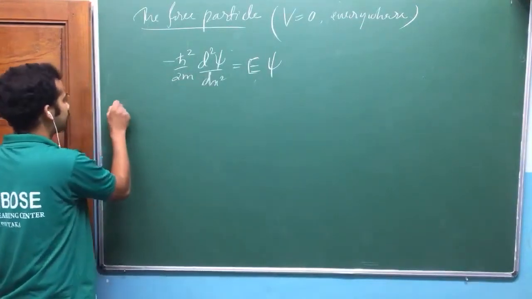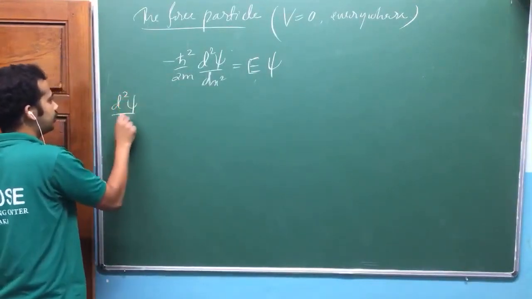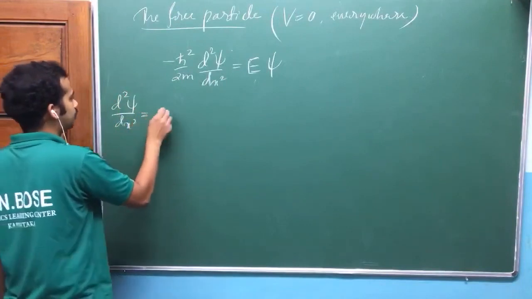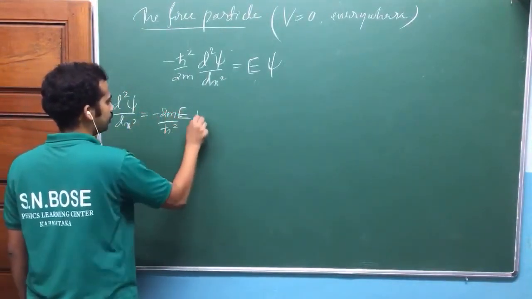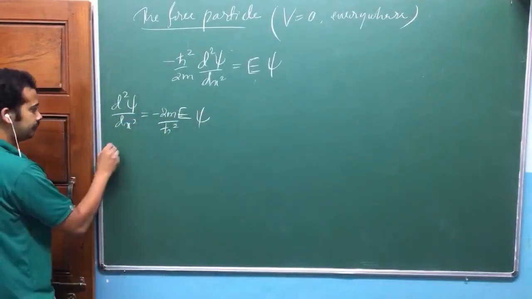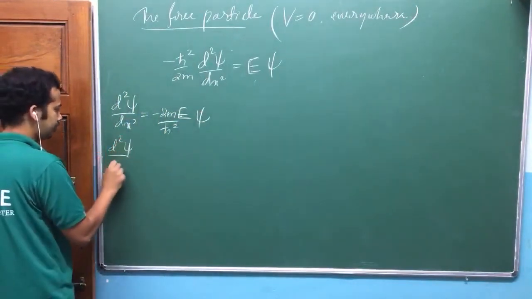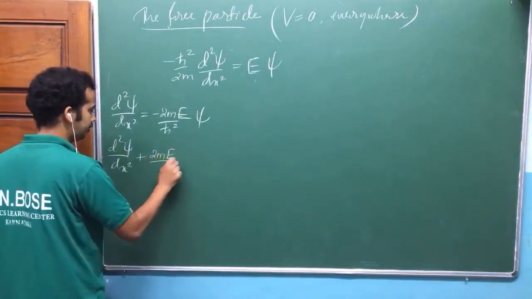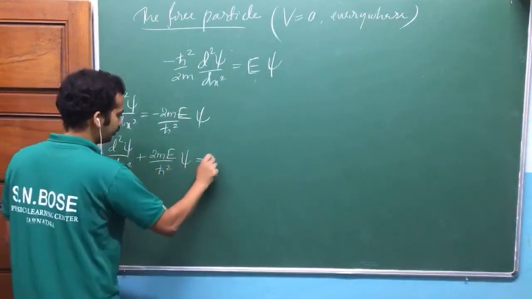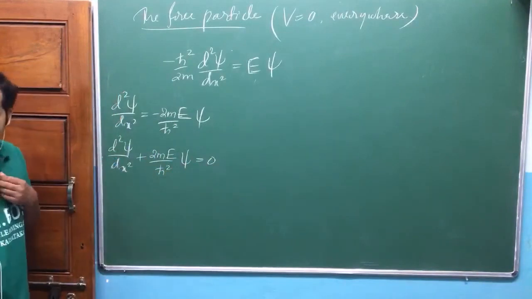If I rewrite this one, d square psi by dx square is equal to minus 2m E by h bar square psi. So d square psi by dx square plus 2m E by h bar square psi is equal to 0. Is that okay?